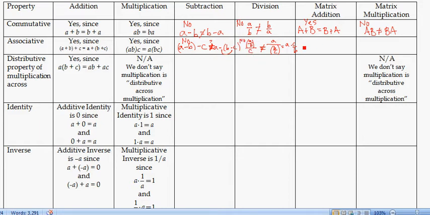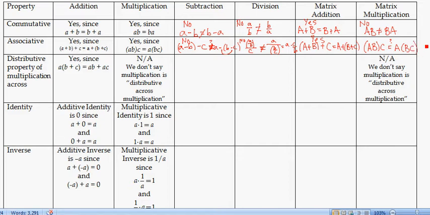Matrix addition, is that associative? If we add A plus B and then add it to matrix C, is that equal to A plus the quantity matrix B plus C? And the answer is yes. Again, that's because the way we define matrix addition is really solely based on real number addition. So yes, that would be true. What about matrix multiplication? If I multiply A times B, then times C, will it equal A times the quantity B times C?